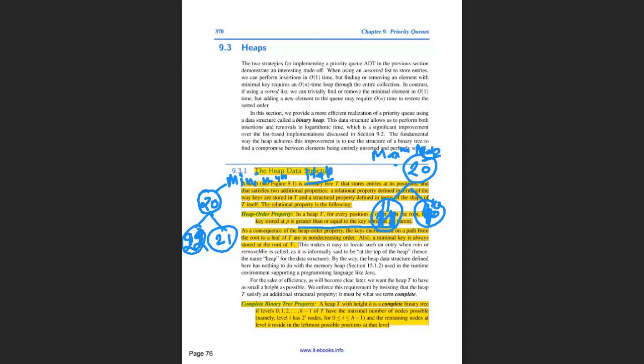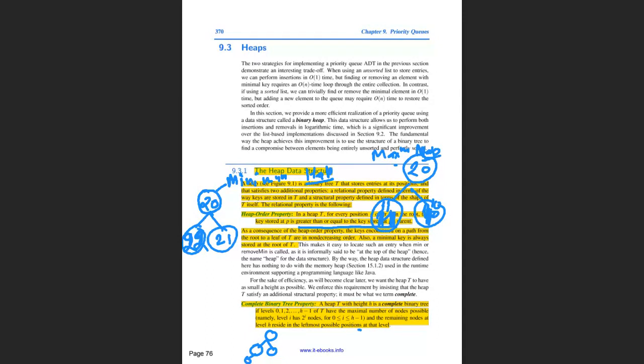One more very important concept in the heap: the tree should be complete. Complete means the nodes should be on the left side. If not on the left side, you cannot make the tree a heap. What is the complete tree definition?